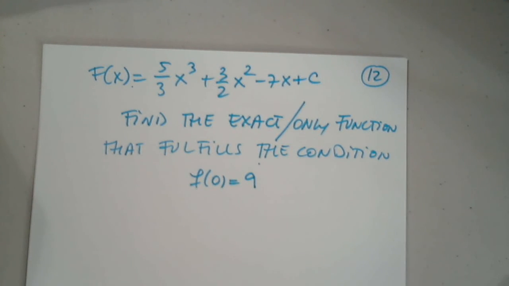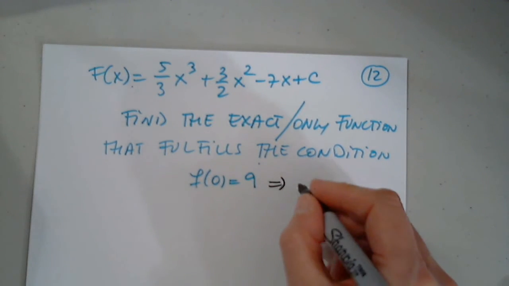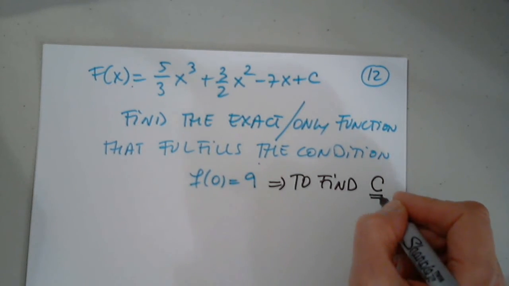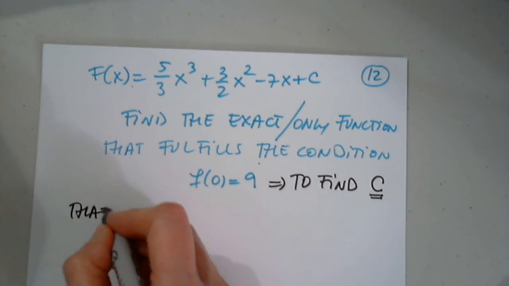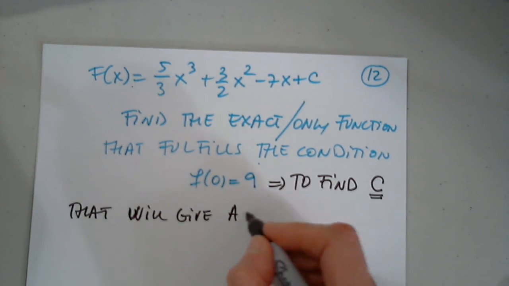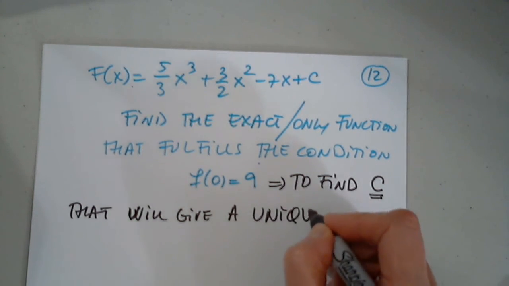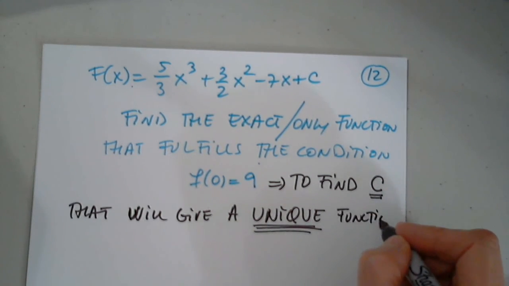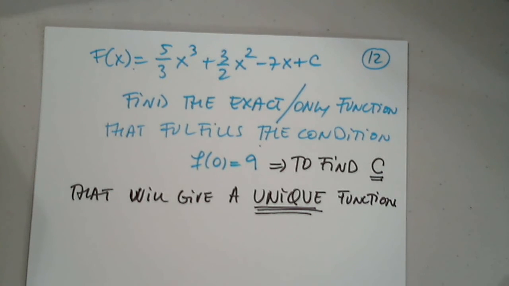Yes, sorry. This would be to find c, right? Exactly. This is to find the constant c that will give a unique, just one, unique function. Not a family of functions.